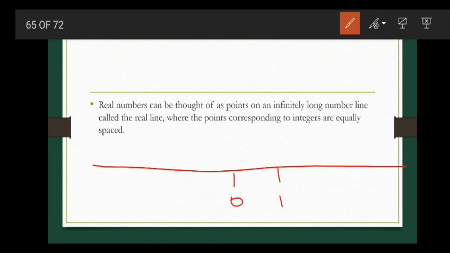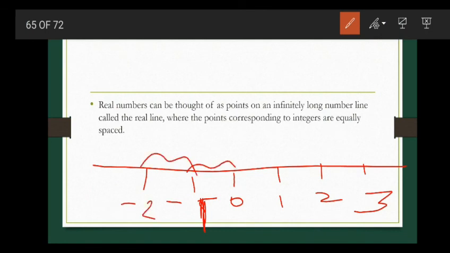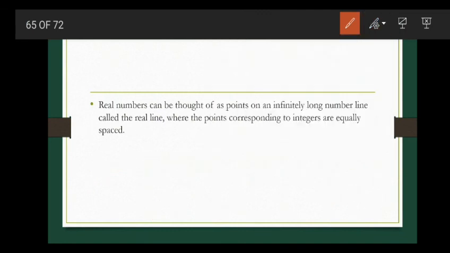Integers are positive numbers, negative numbers as well as 0, right? The real line is a long line where the integers are equally spaced. This is -1, -2. The distance between -1 and -2 is equal to the distance between -1 and 0, which is equal to the distance between 0 and 1. So the real line is an infinitely long line where the points corresponding to integers are equally spaced.